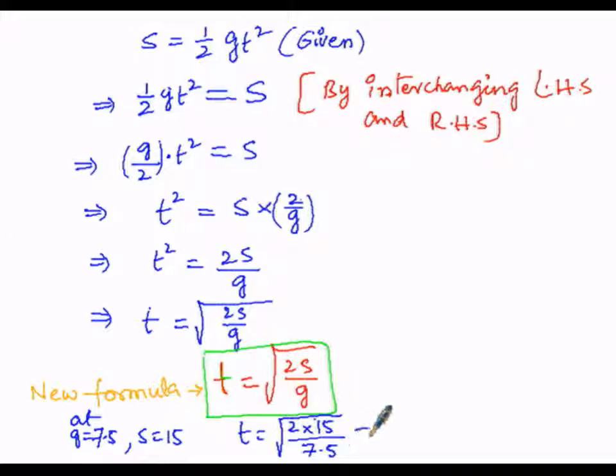So that equals under root 15 twos is 30, divided by 7.5, written as it is.